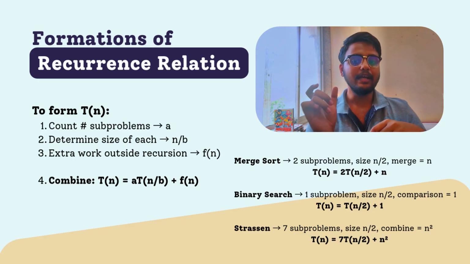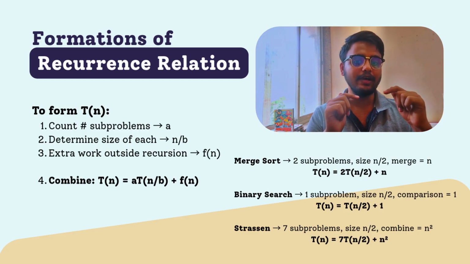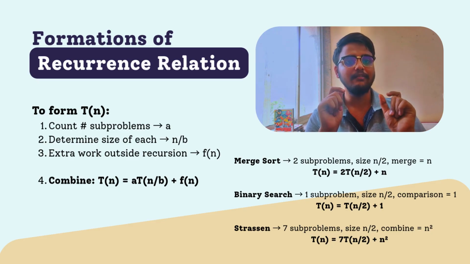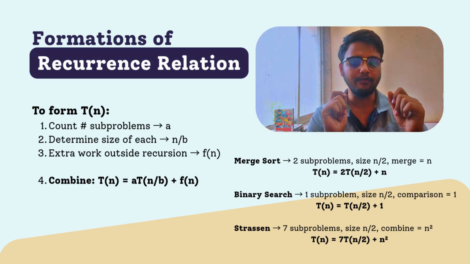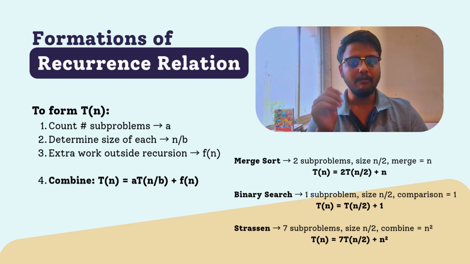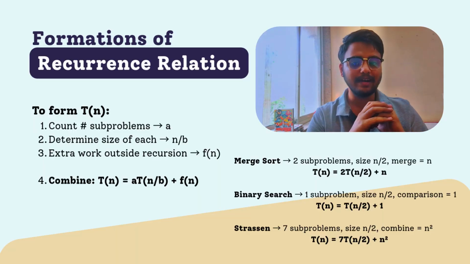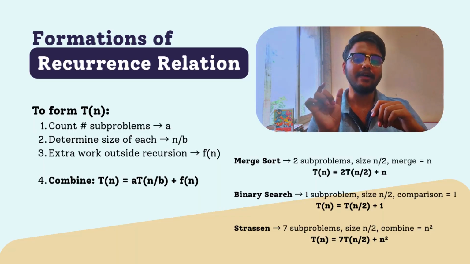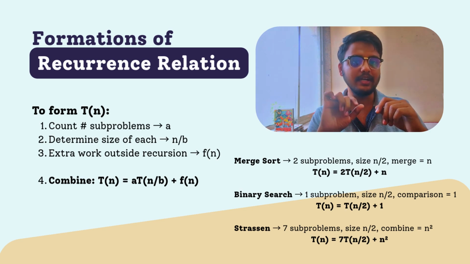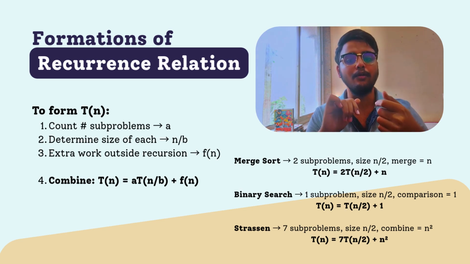So T(n) = a T(n/b) + f(n). This is the general structure for a recursive function, where a is the number of subproblems a main problem is divided into, b is the factor by which the input reduces, and f(n) is the extra work that is performed outside.